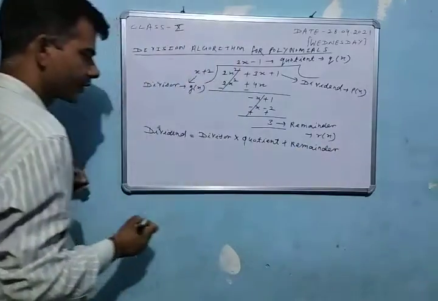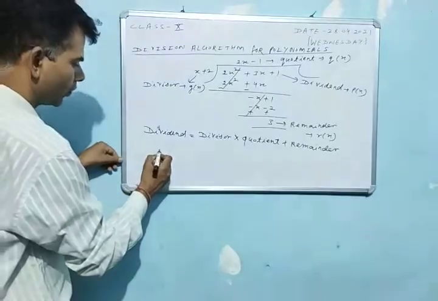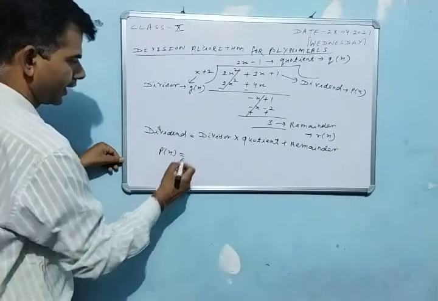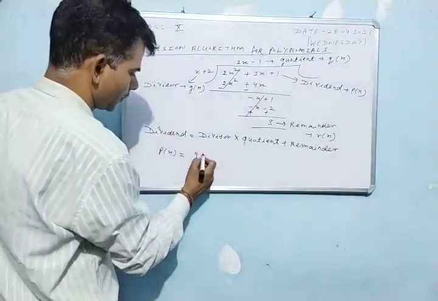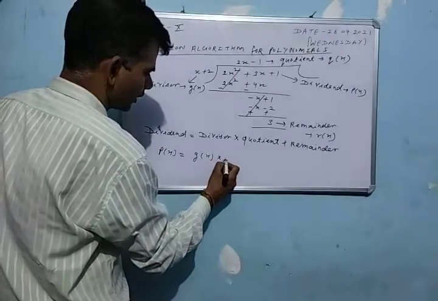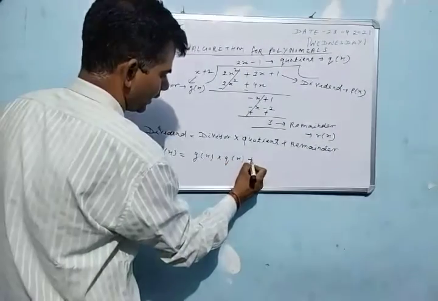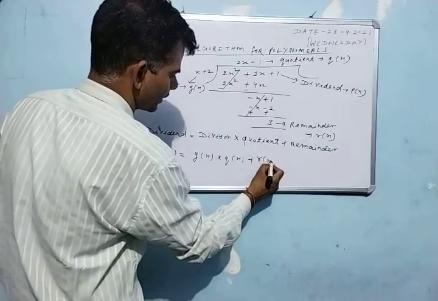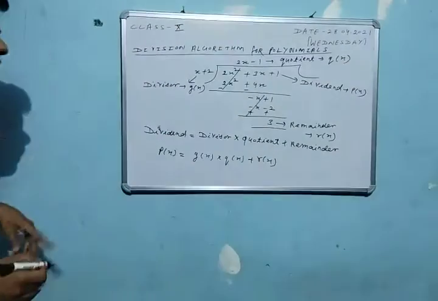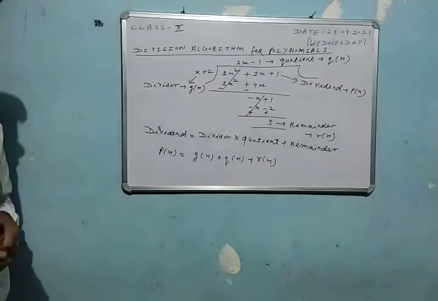Dividend is P of x, divisor is G of x, quotient is Q of x, and remainder is R of x. Students, note it down.